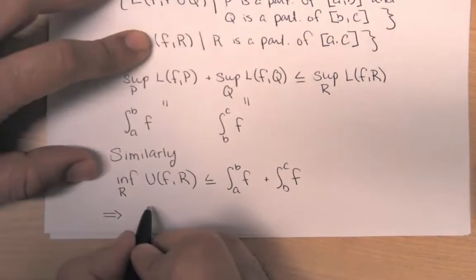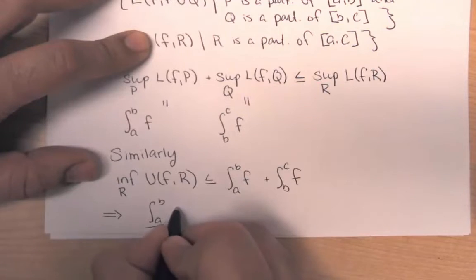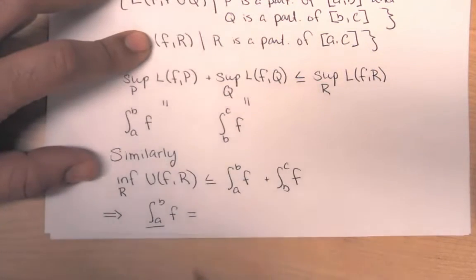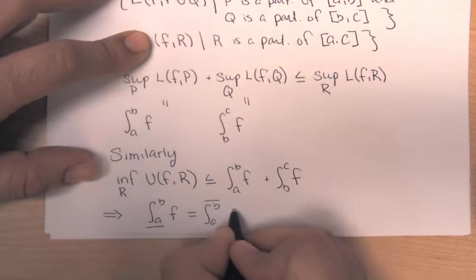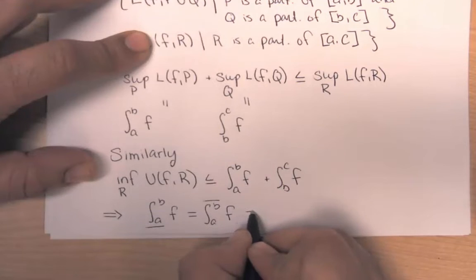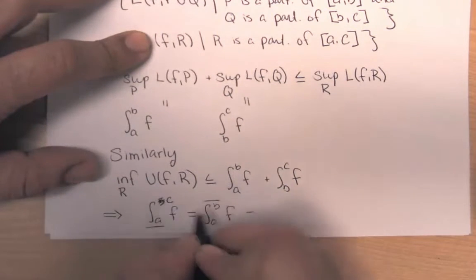The lower integral must equal the upper integral. And if they're equal, I'm sorry, this should be 2c.